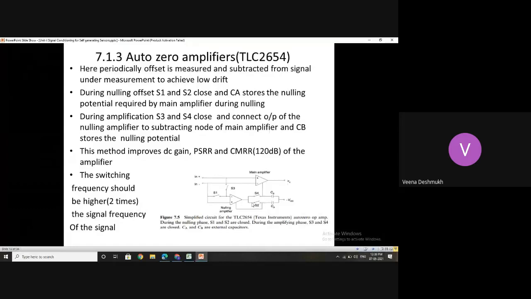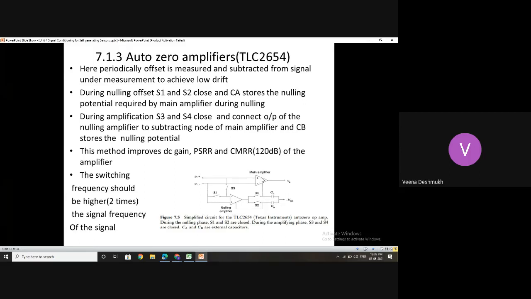But here the CA is holding this charge. So from here, because S4 is connected, the subtraction is going to happen from the main amplifier output, whatever is available. Because of this, CB is going to hold the potential which is required for nulling.